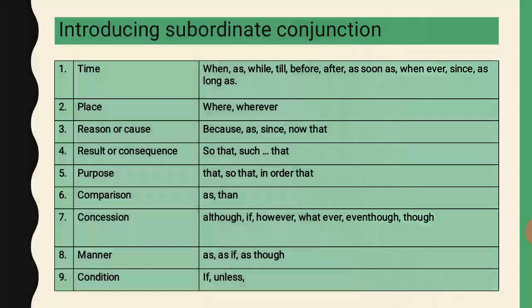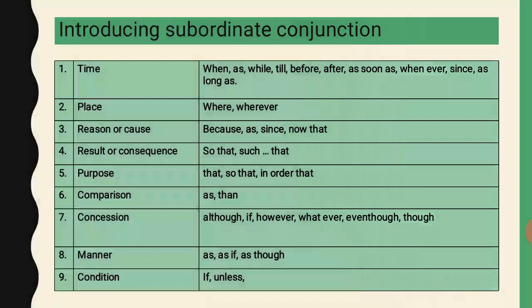Conjunction words for time: when, as, while, till, before, after, as soon as, whenever, since, as long as. And the conjunction words for place: where, wherever. And the conjunction words for reason or cause: because, as, since, now that. And conjunction words for result and consequence: so that, such that.